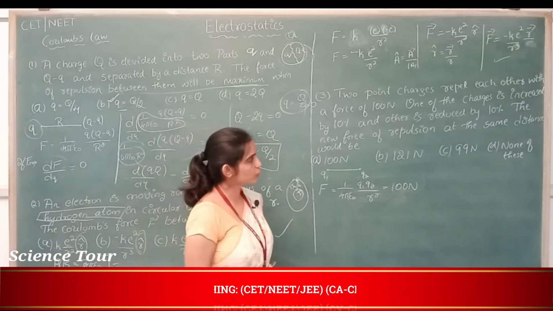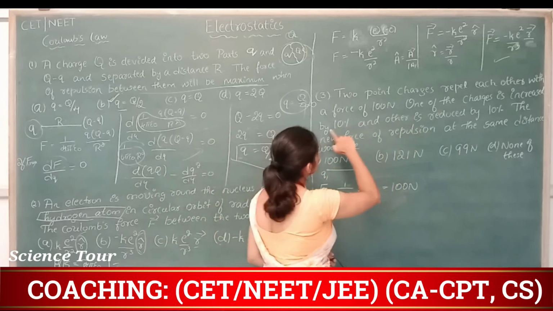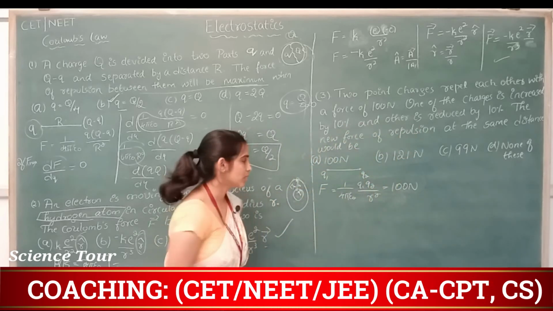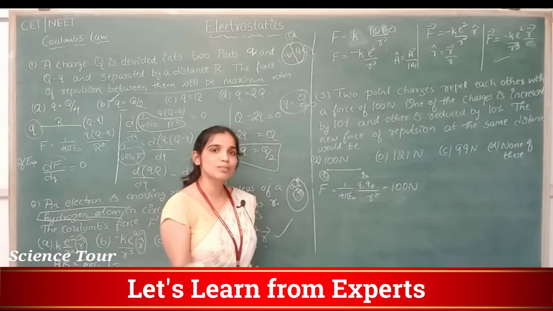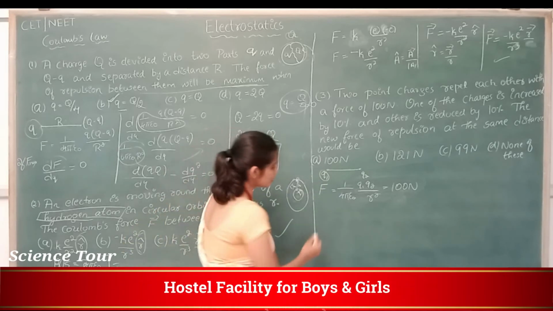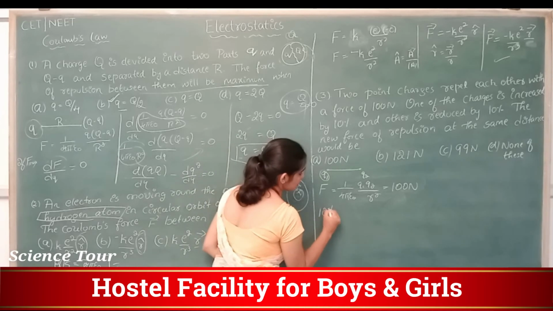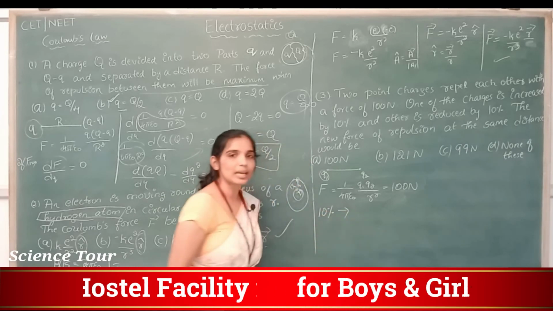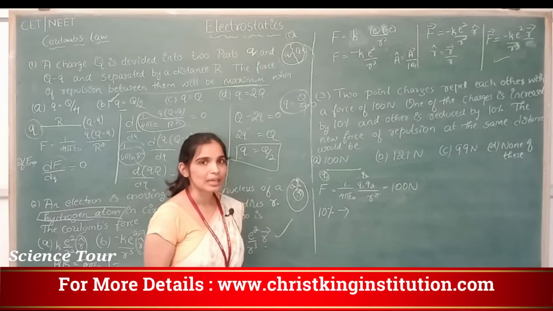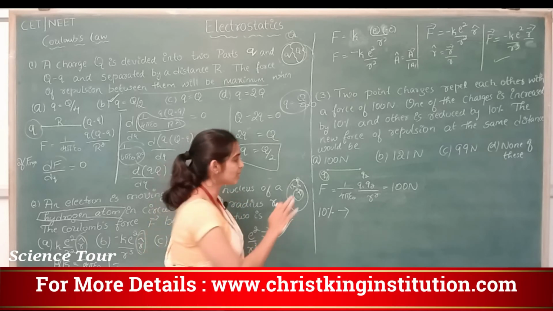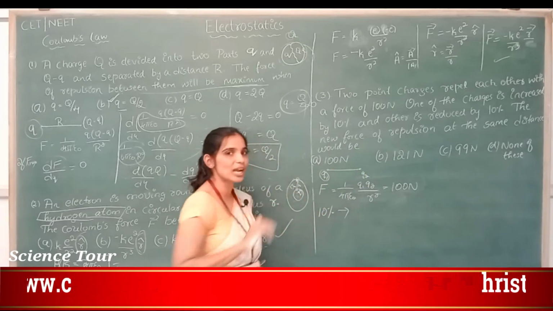Okay, let's proceed. One of the charges is increased by 10%. If the charge of this is Q1, it is increased by 10%. What is a 10% increase? Increase by 10% means what? If the charge is 100%, let's consider both are having 100% charge.